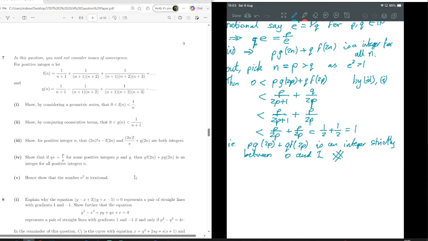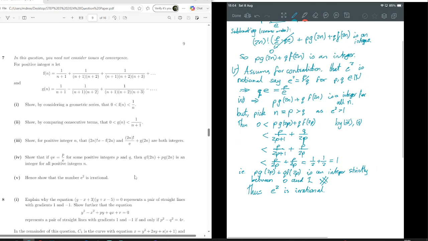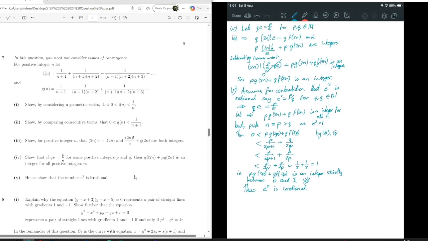That's a contradiction. Thus, e squared, which was the assumption we made at the beginning, followed only logical steps and got to a contradiction. Thus, e squared is irrational. A really nice proof actually for e squared being irrational.